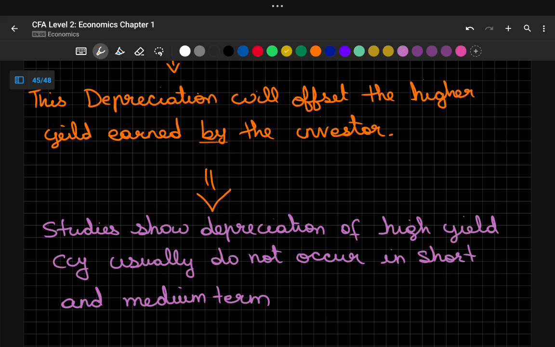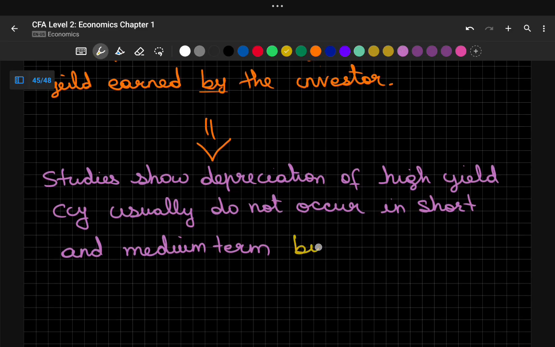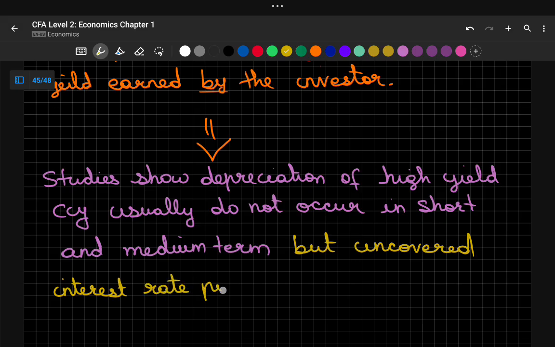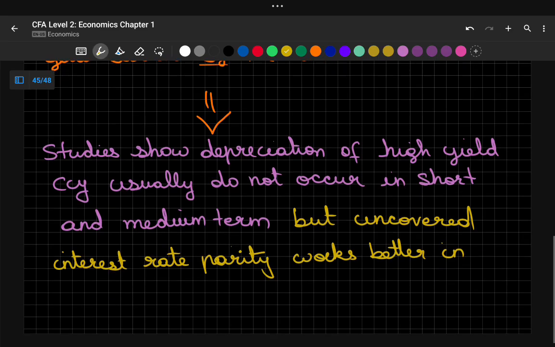but this condition, that is uncovered interest rate parity, works better in a very long term horizon.